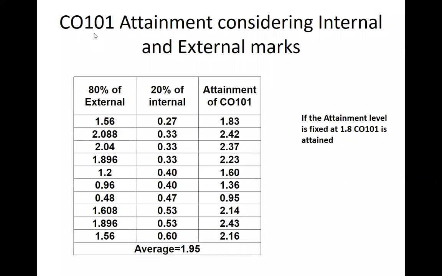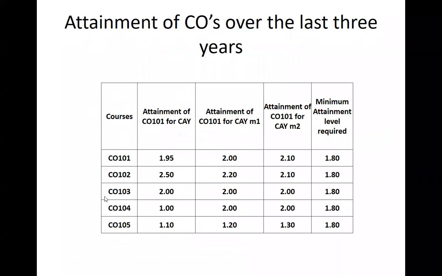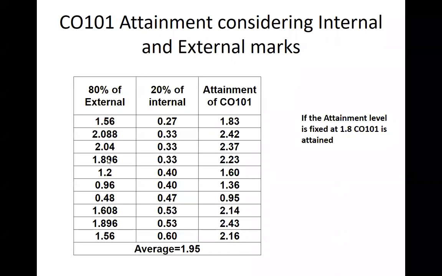Then finally, the total attainment is obtained by considering 80% marks from the external evaluation and 20% marks from the internal evaluation. So this is the value written here by taking 80% of external evaluation and 20% of internal evaluation for each student.